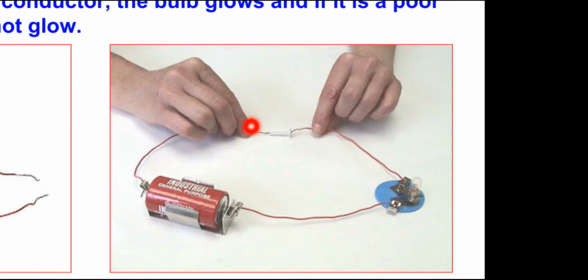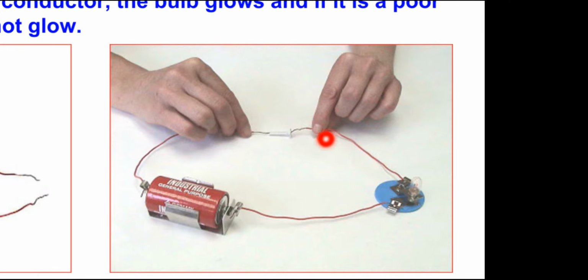Now these two ends are free, but when you connect any material across these two free ends, if the bulb glows, then you can say this circuit can pass the electric current.